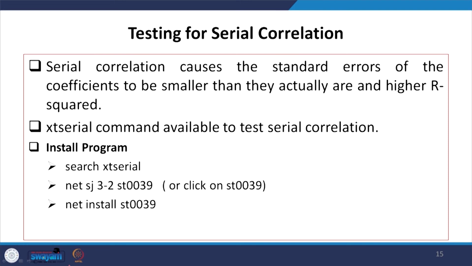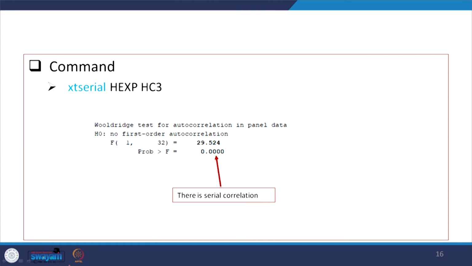We need to search XT serial, then net SJ 321, and accordingly, since the variable code is in string, we can do it. I am just going to show it over here.